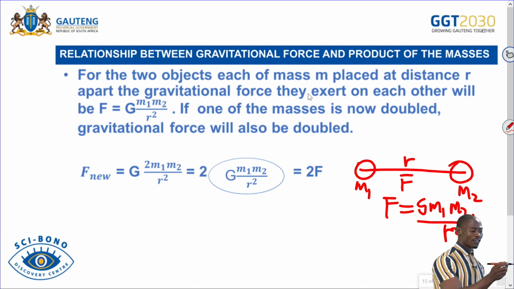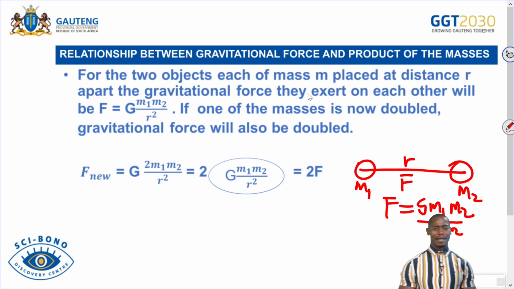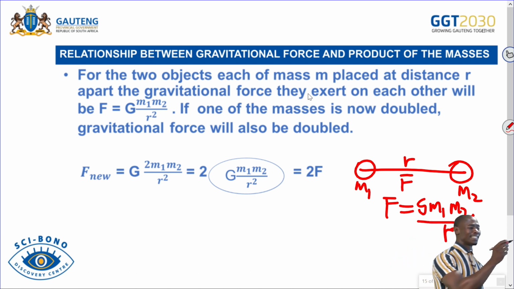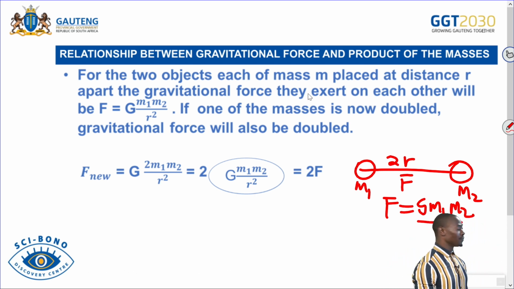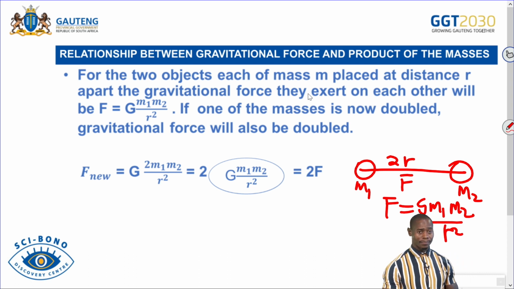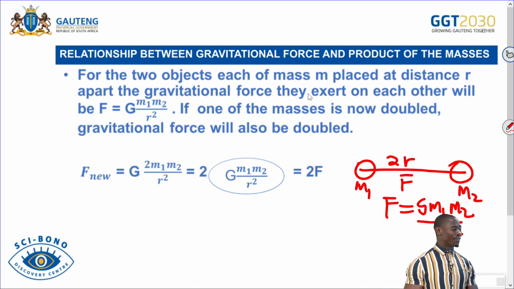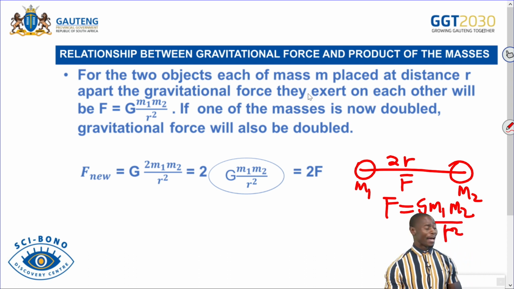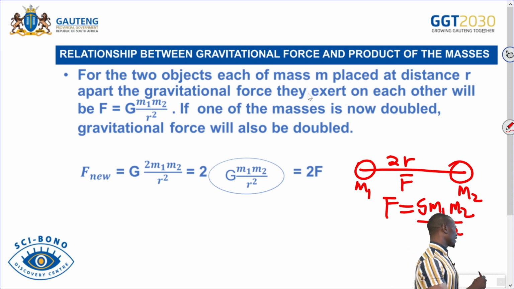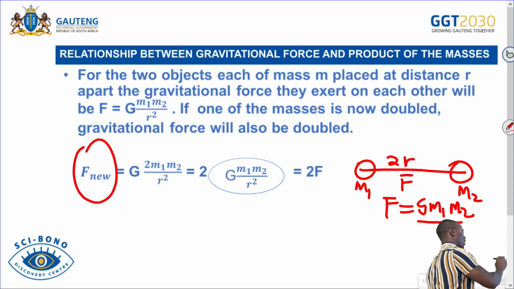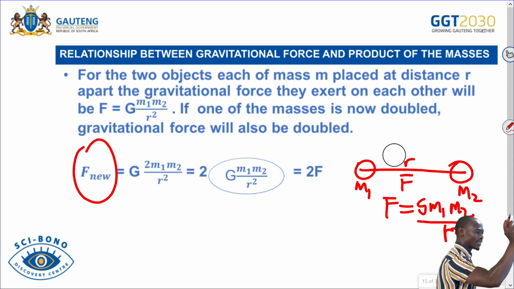So the gravitational force initially is F equals G m1 m2 over r squared, but now one of the masses is doubled. So it's one of the masses, not r here.